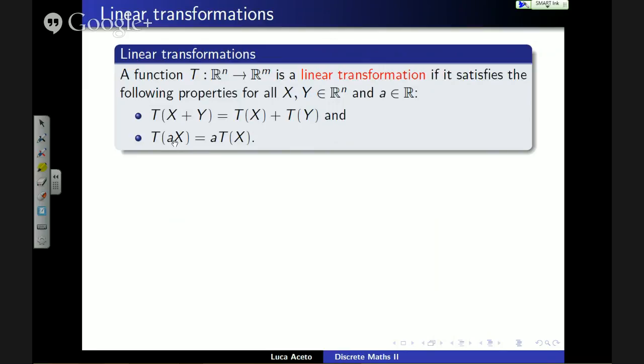So t of the zero vector will be equal to 0 times t of whatever vector you like. But 0 times any vector you like is going to be the zero vector anyway. So a linear function always maps the zero vector to the zero vector. And this immediately tells you that a function that does t(x, y) = (x plus 1, y) cannot be linear. Why? Because it maps the zero vector to (1, 0).